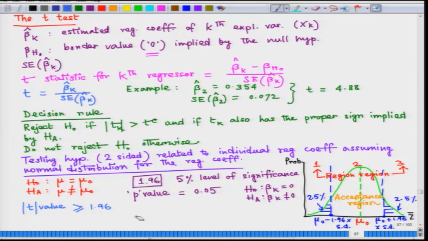So, there are two different approaches we have studied. One is looking at the p value, whether it is small enough or not, and the second is looking at the t value, from which we can also take a decision.